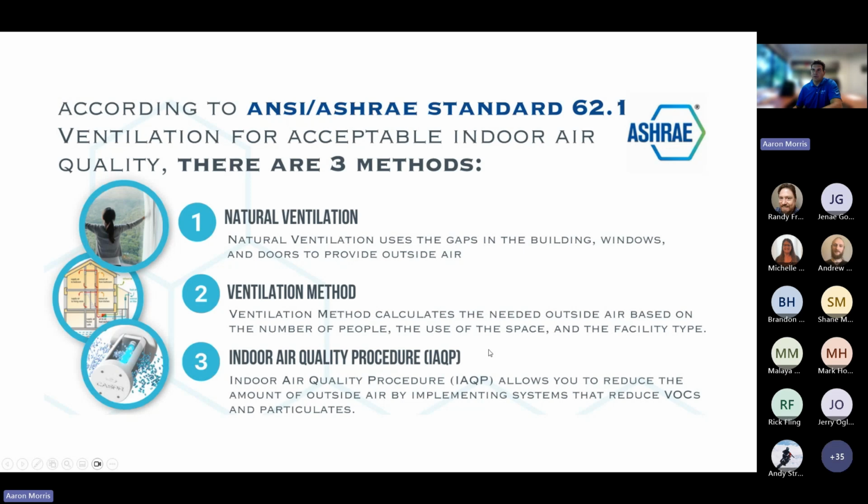And then there's the indoor air quality procedure, which really targets specific contaminants and lets you use technologies to address those contaminants to come up with the right amount of ventilation required to achieve your indoor air quality.